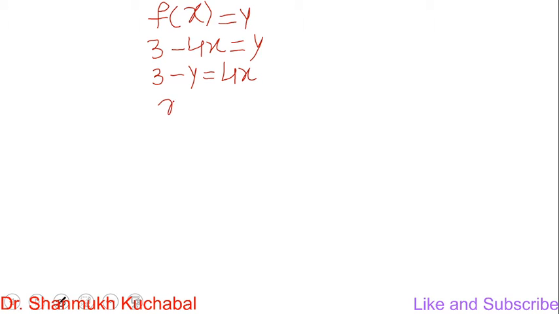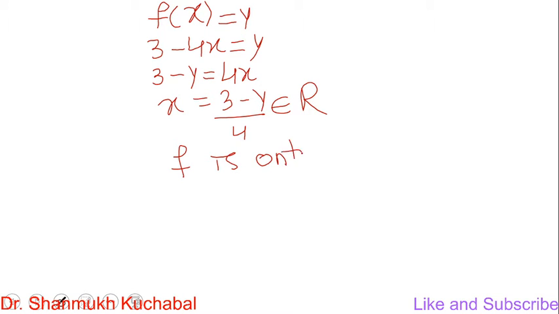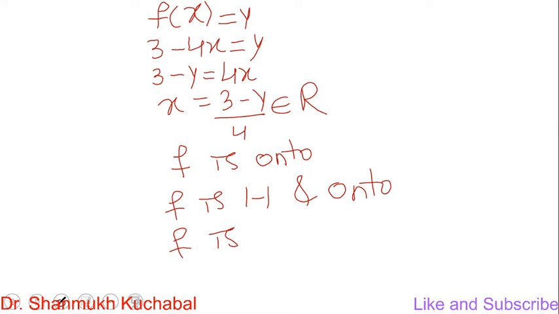Then the solution for x is (3 - y)/4, and we observe that this belongs to the set of real numbers. Therefore f is onto, another name for onto is surjective. Therefore f is 1-1 as well as onto, so f is a bijective function.